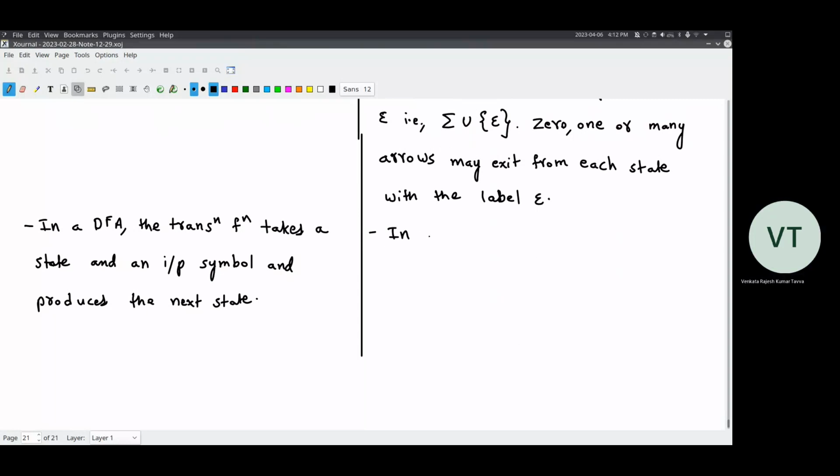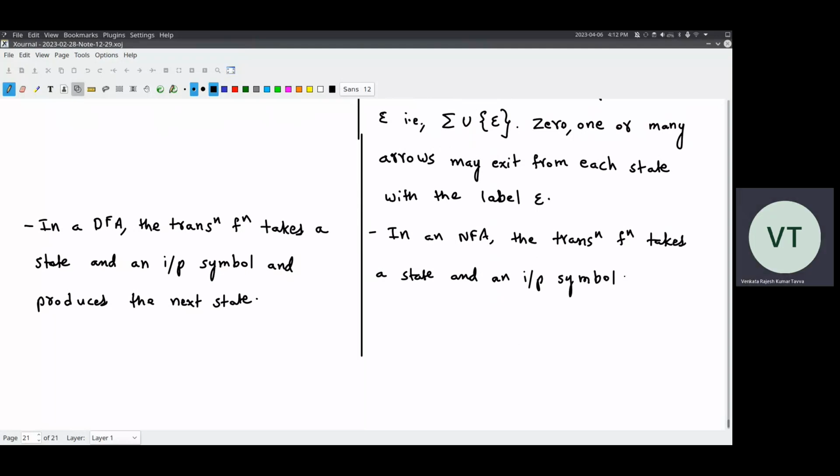In an NFA, the transition function takes a state and an input symbol or empty string and produces, what does it produce?